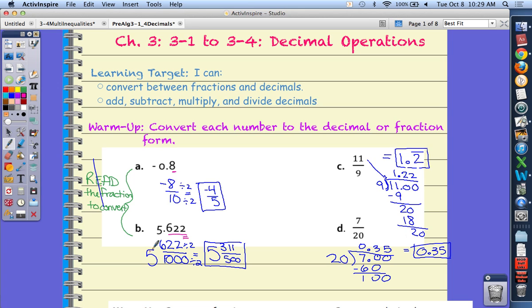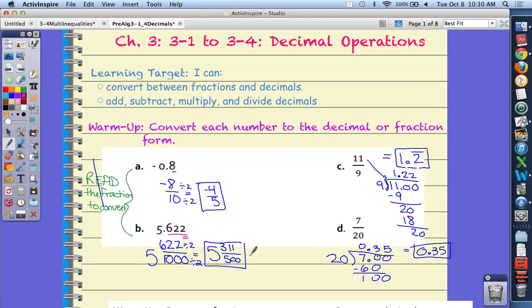The whole part is going to stay, so you're not going to reduce the whole, but you always want to look at the fraction and see if you can simplify it. Is there anything that you can divide out of both the numerator and the denominator? You can take out a 2, and that's going to give you 5 and 311/500ths. That's as far as you can simplify on those two.